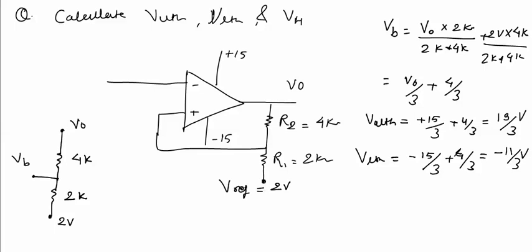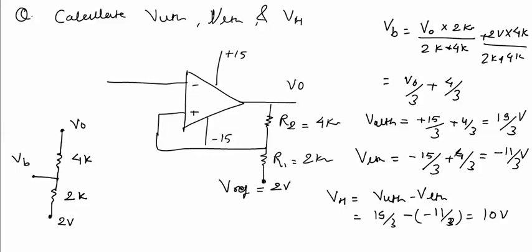So VUTH and VLTH will be here, and the hysteresis voltage VH will be equal to VUTH minus VLTH, which is 19 by 3 minus of minus 11 by 3, equal to 10 volts.